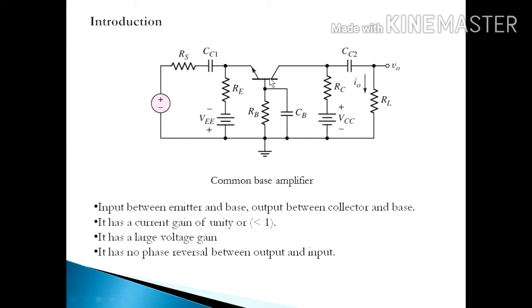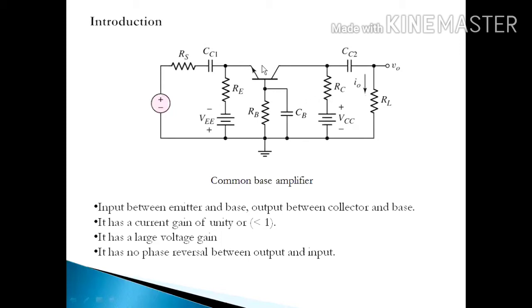To do that, we should convert the circuit into a small signal model. For converting this general circuit in terms of small signal model, for the small signal analysis, we should consider all the DC sources to be zero. In the second step, we have to short circuit all the coupling capacitance which is there in the actual diagram.